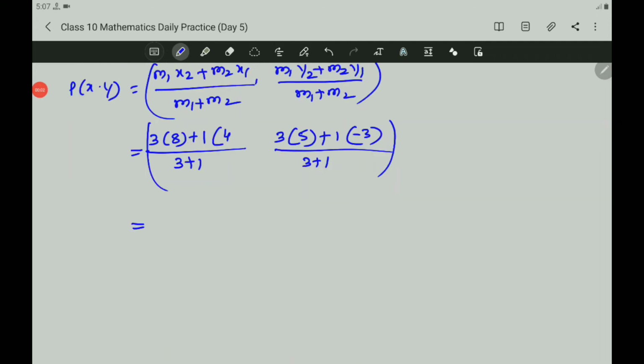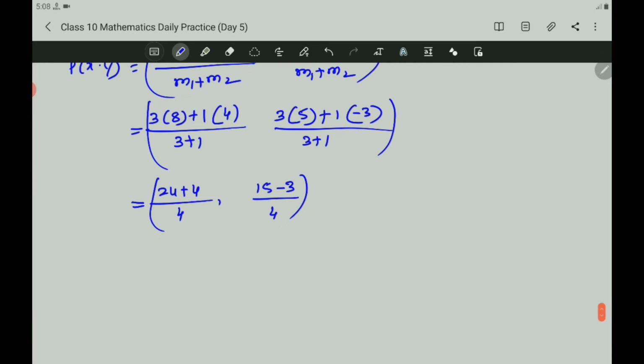Then that equals 3 8s are 24 plus 4 by 4. 3 5s are 15. 1 into minus 3 is minus 3 by 4. So you will get 24 plus 4 is 28 by 4, 15 minus 3 is 12, 12 by 4.